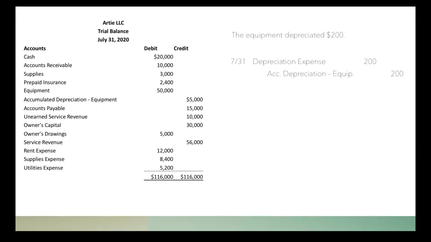Accumulated depreciation will show up on a balance sheet right below the asset that it's depreciating, and that's how we will show the new book value, or what that equipment's worth after the depreciation. But the $50,000 for equipment does not get affected here when it's depreciating.